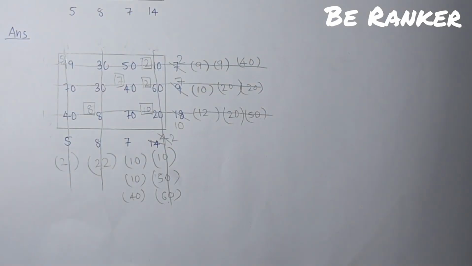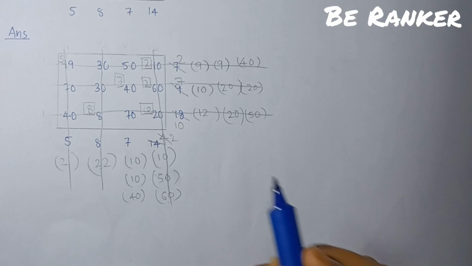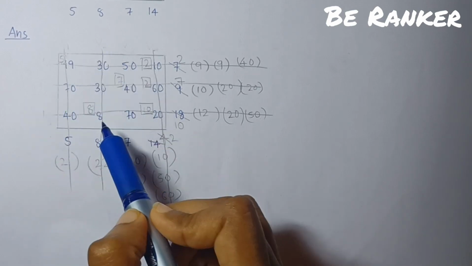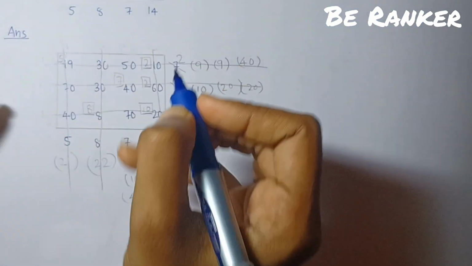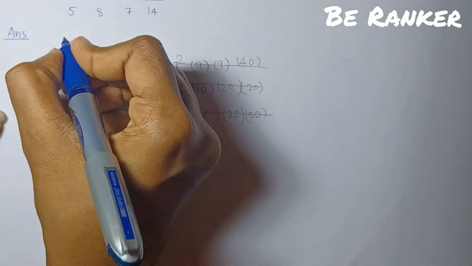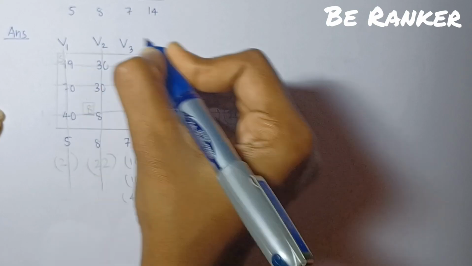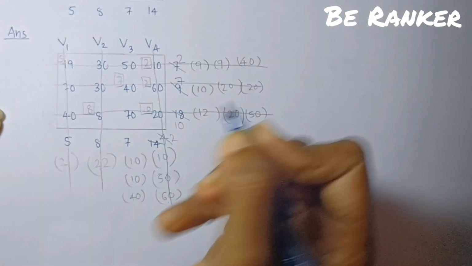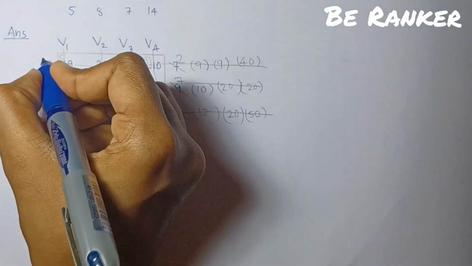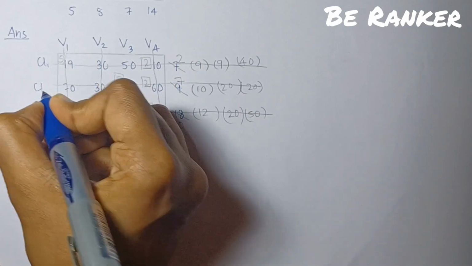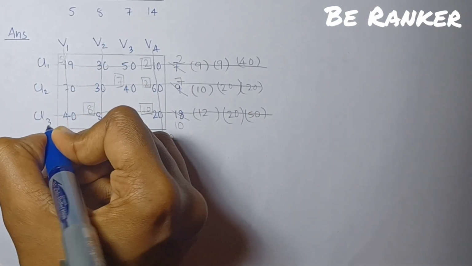After doing VAM, we can name each row and column. I name the columns V1, V2, V3 and V4, and the rows U1, U2, U3.